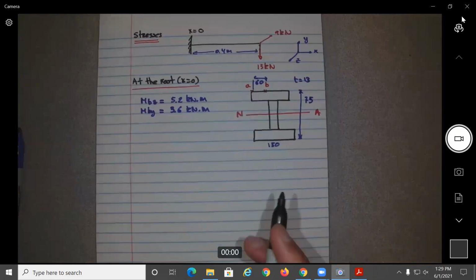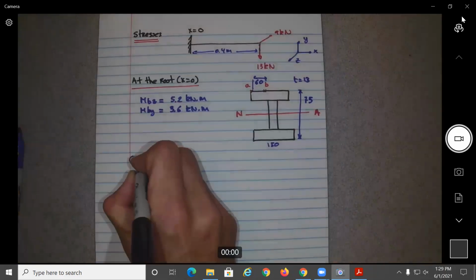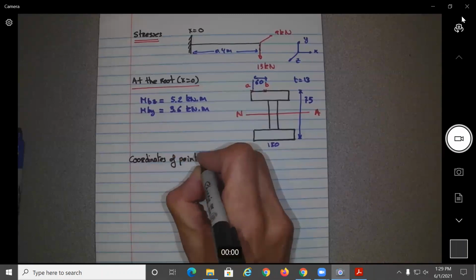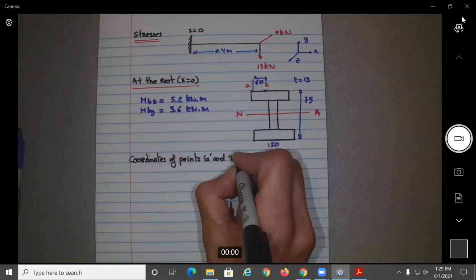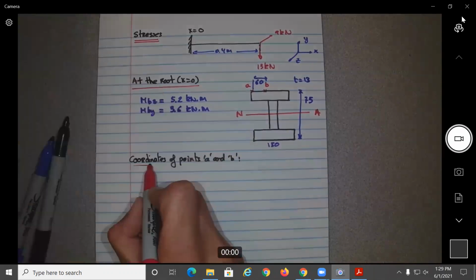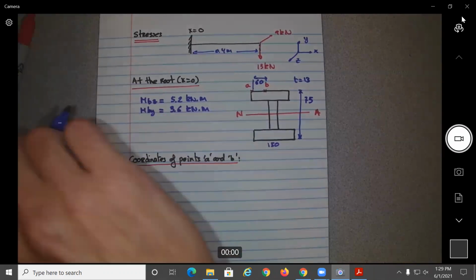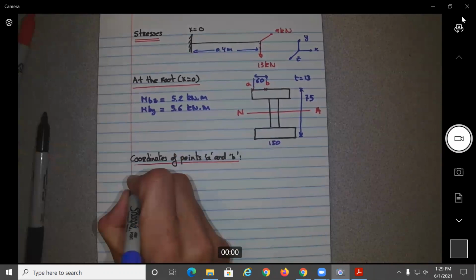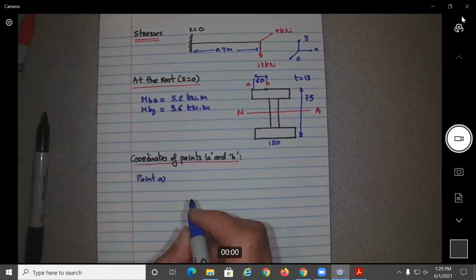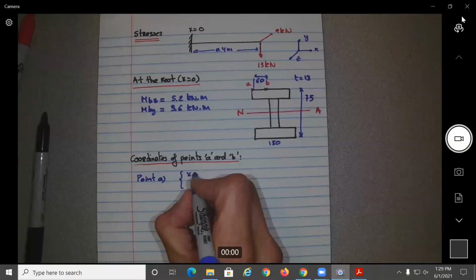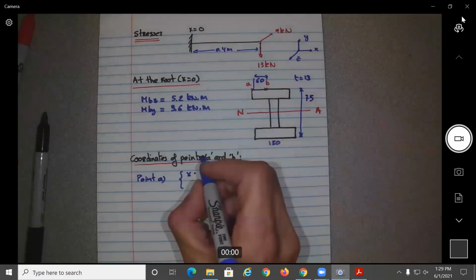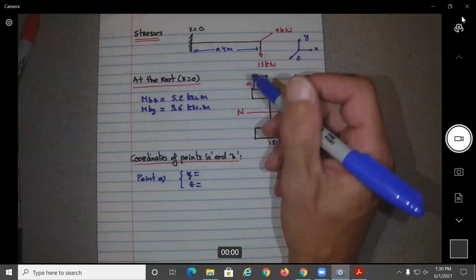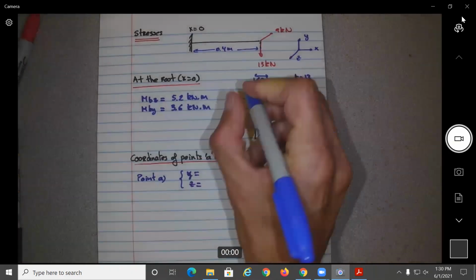I'm going to need your help, but let's say coordinates of points A and B. Okay, point A. We now have Y and Z. So basically, remember, right? We had here, this is Y, this will be Z.